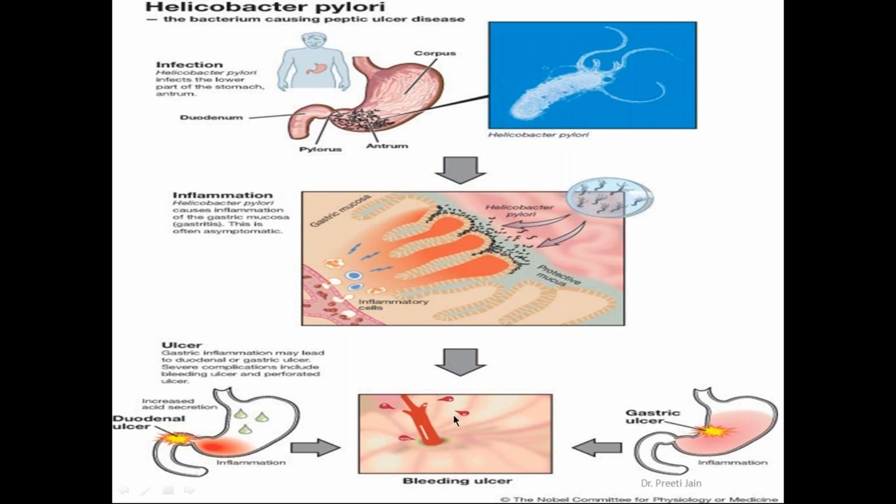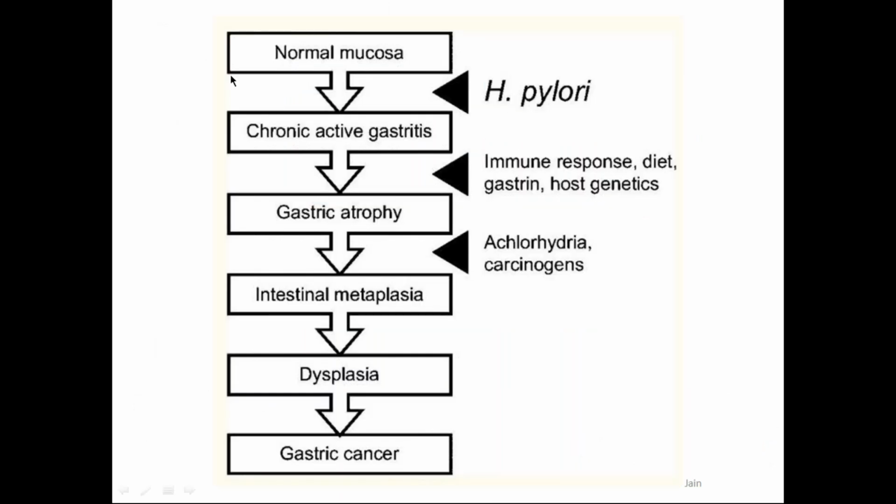That is known as melena. Okay. So this is just showing the pathophysiology. Normal mucosa infection हुआ तो पहले inflammation होगा, फिर उसके बाद atrophy होगी, metaplasia, dysplasia, cancer. This ulceration can also lead to the gastric carcinoma.